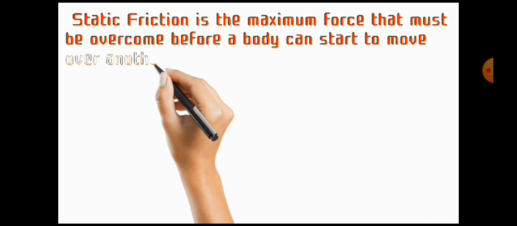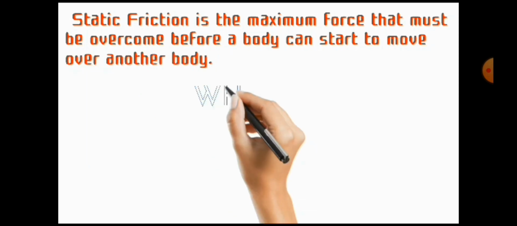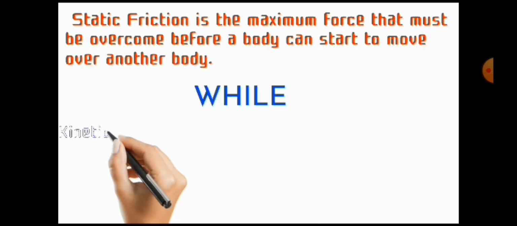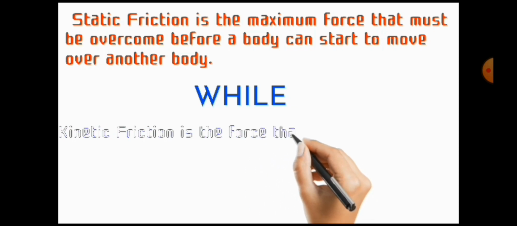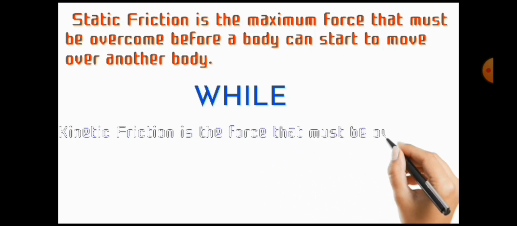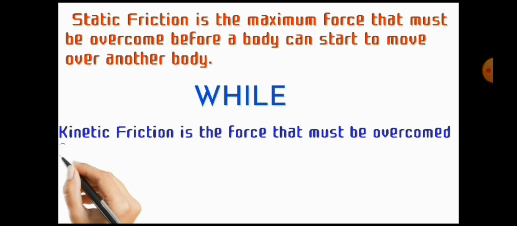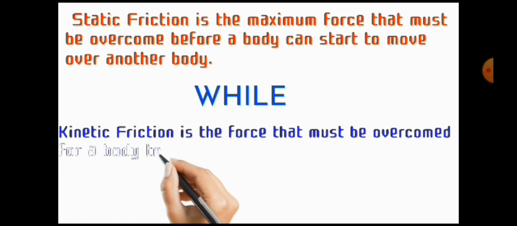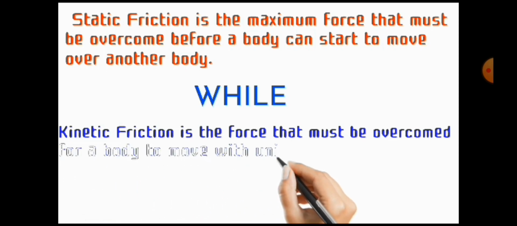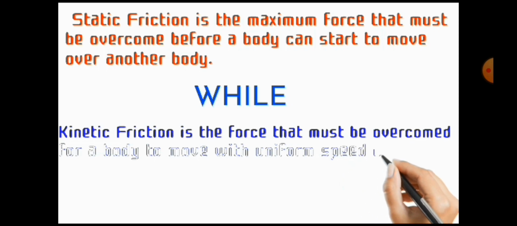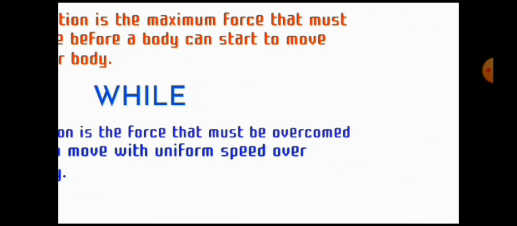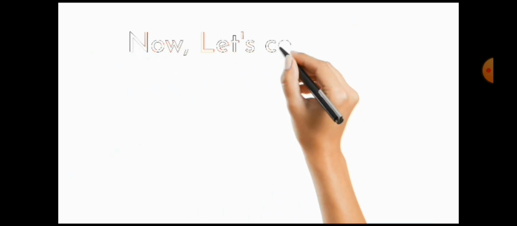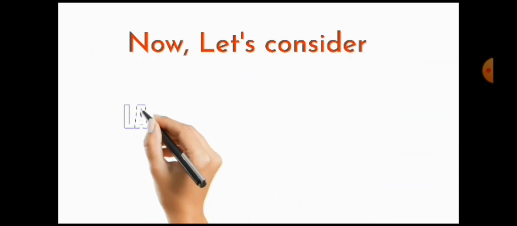Kinetic friction is the friction experienced by a body undergoing uniform speed. So when a body is moving at uniform speed, it also experiences friction, and that is what we call dynamic friction. In other words, dynamic friction is experienced by a body in motion, while static friction is experienced by a body at rest.